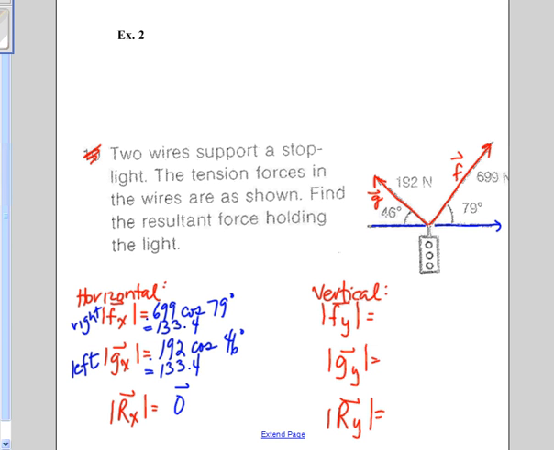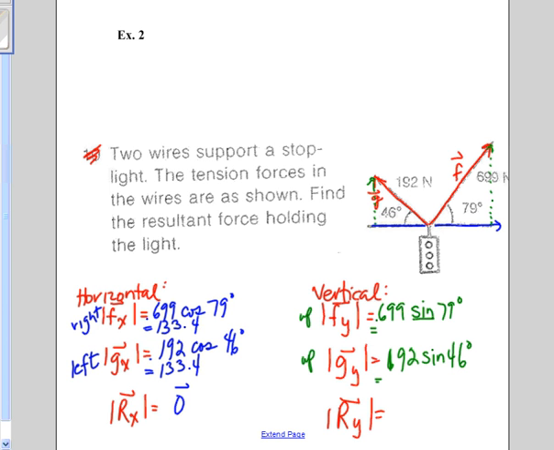For our vertical components, again, we are looking for the upward force given by F and the upward force given by G. Those will both be upwards, so we will add them. For little f, our vertical component is opposite over hypotenuse, so we are using 699 sine 79 degrees. For G, 192 sine 46 degrees.